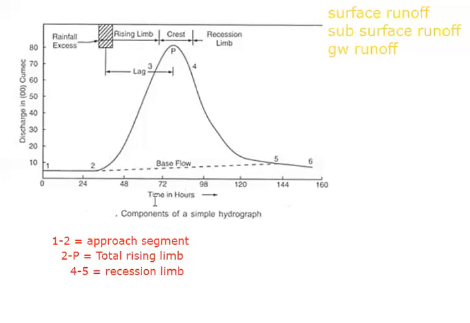And when the rainfall has stopped and the channel flow is due to the storage, then the point of inflection on the falling side of the hydrograph denotes this. That means the rainfall has stopped, right?